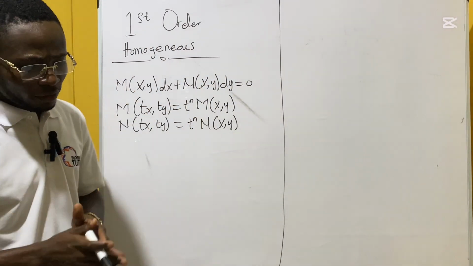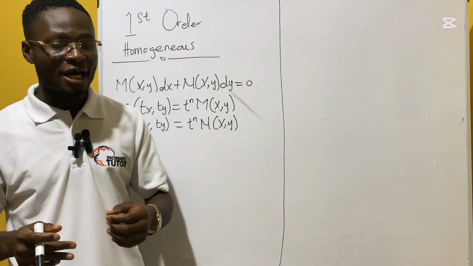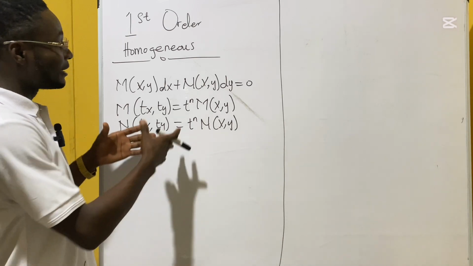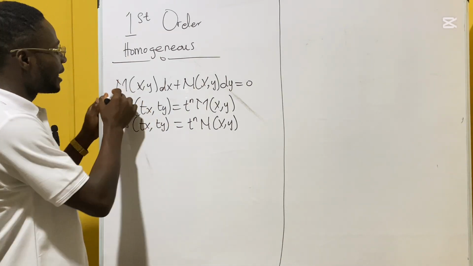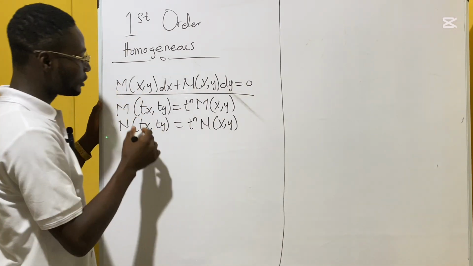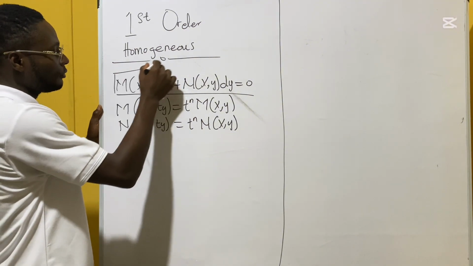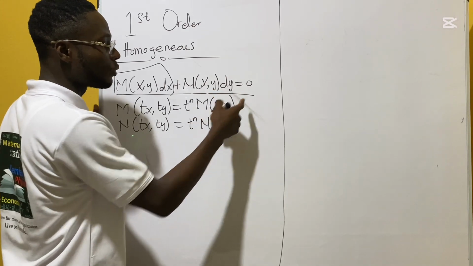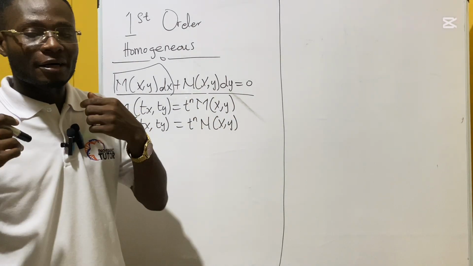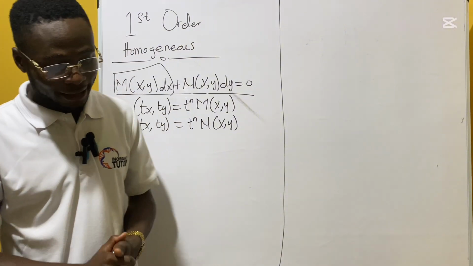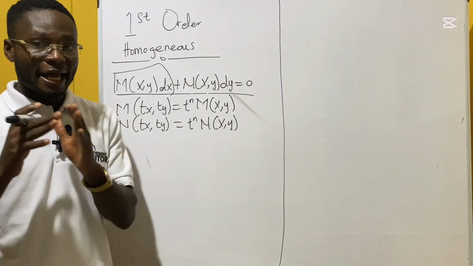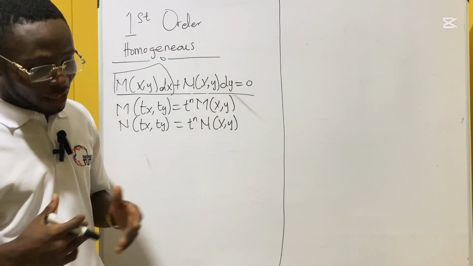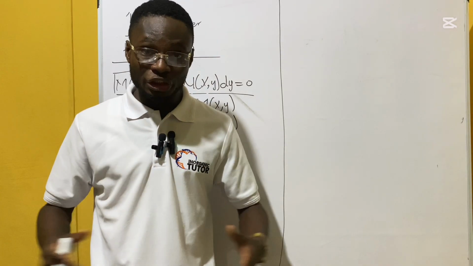So a differential equation is called homogeneous if it is written in this form: M of x and y dx plus N of x and y dy equals 0, where both M of x and y and N of x and y are homogeneous functions.